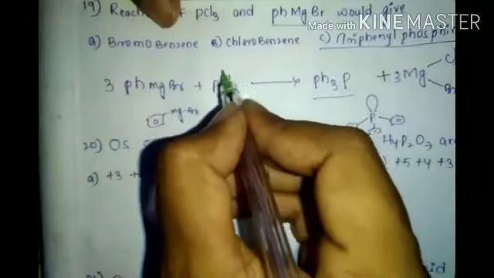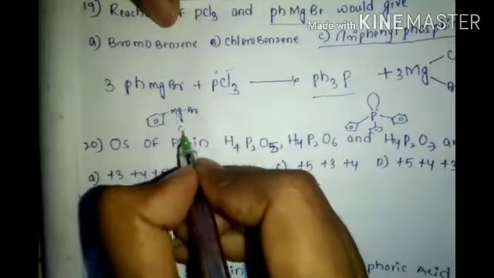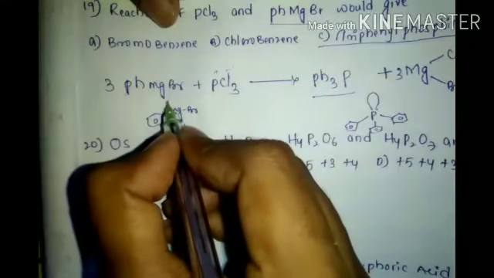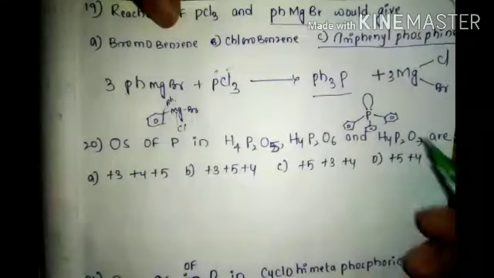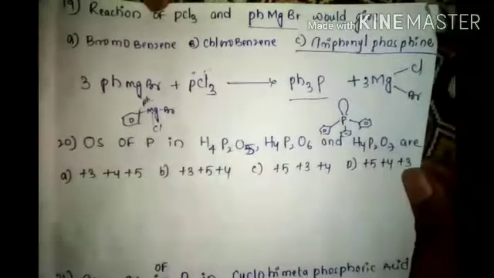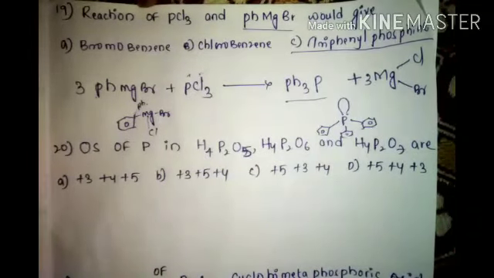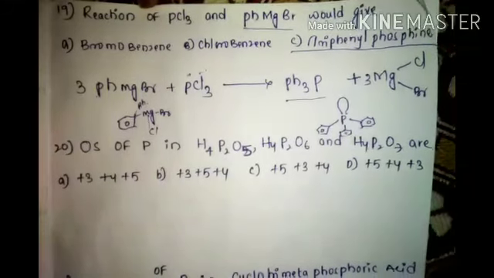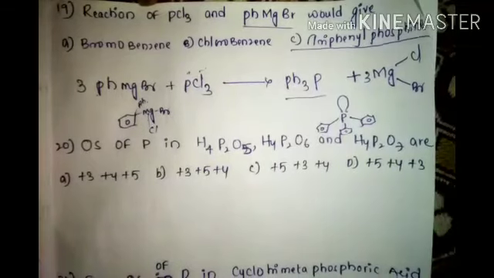Cl is negative, P is positive; the positive one will attach here, the negative one will attach to Mg. Cl will attach here, Ph will attach here. So finally this compound will come. Grignard reaction. If you have a doubt, I will explain later. We already completed this Grignard reaction; look at it in organic chemistry. If you have a doubt, that will make it clear.